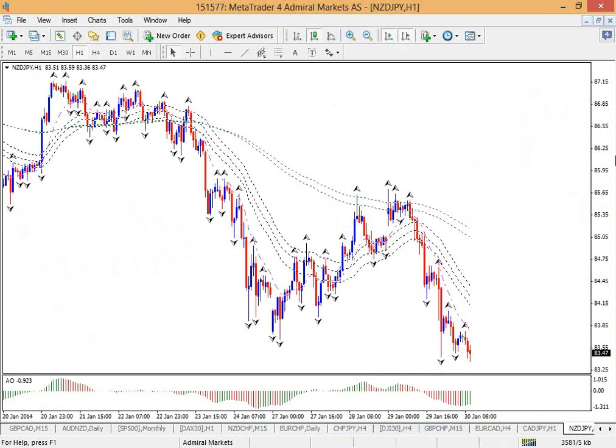So far, we have no confirmation of that, and it's not been much of a weakness trend continuation as yet. If we indeed fail to continue with the yen weakness, then this New Zealand yen, of course, is a better candidate than other yens, because New Zealand is relatively strong indeed.